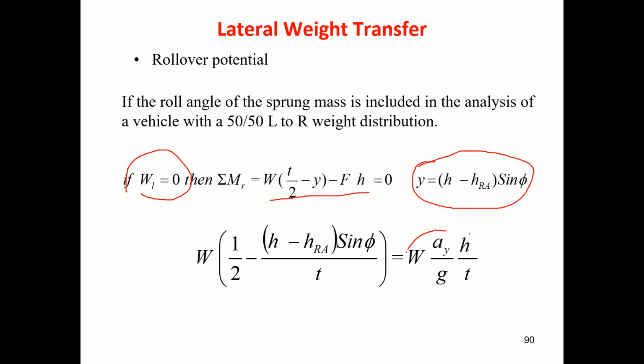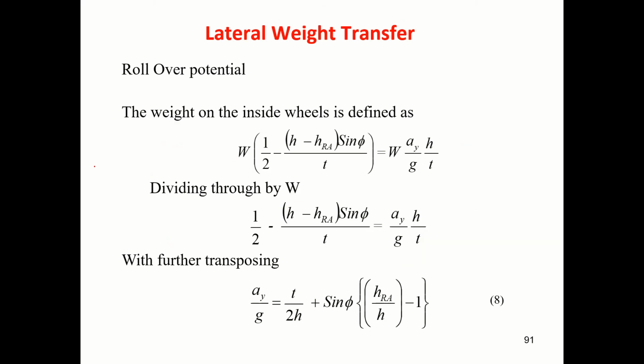F is nothing but this one, correct? No, centrifugal force. H is there, and the T which was here, I brought it down here. Okay, then I can cancel now W, and I can get this equation.